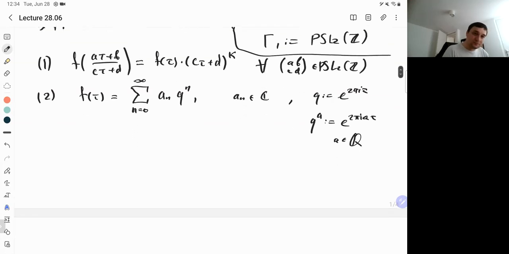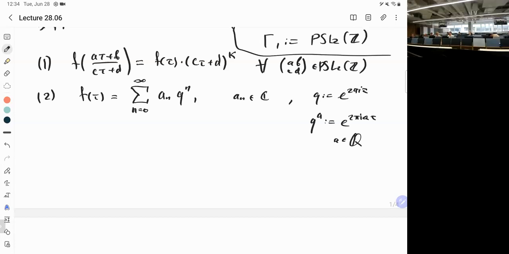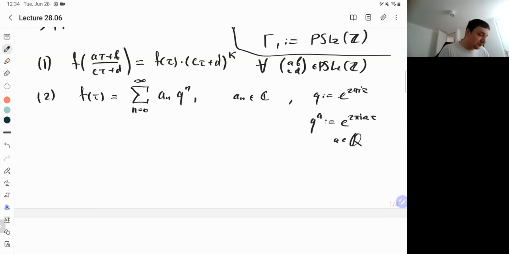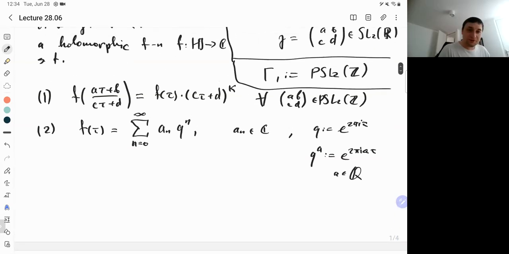Okay. Can I ask a question? Yes. So in the transformation rule, why do you only want the denominator to appear? Okay, so I will explain a little bit about this transformation rule. You want something which respects the group composition well.